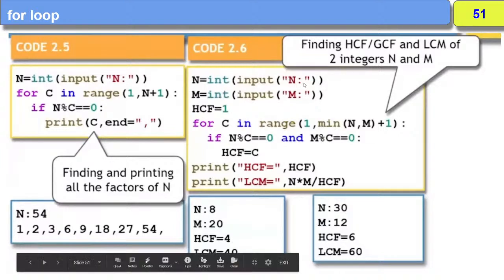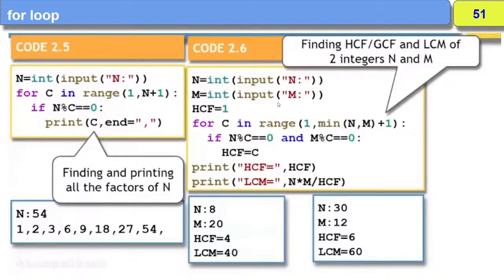So see here I have given two values. The value of n is 8 and the value of m is 20. So what is going on here? I have just declared one variable HCF as 1. So I am taking c in range of 1 and minimum of n and m, because I told you that the common number between the two integers which divides both and is the highest value will be the HCF. So we have taken the minimum of n and m.